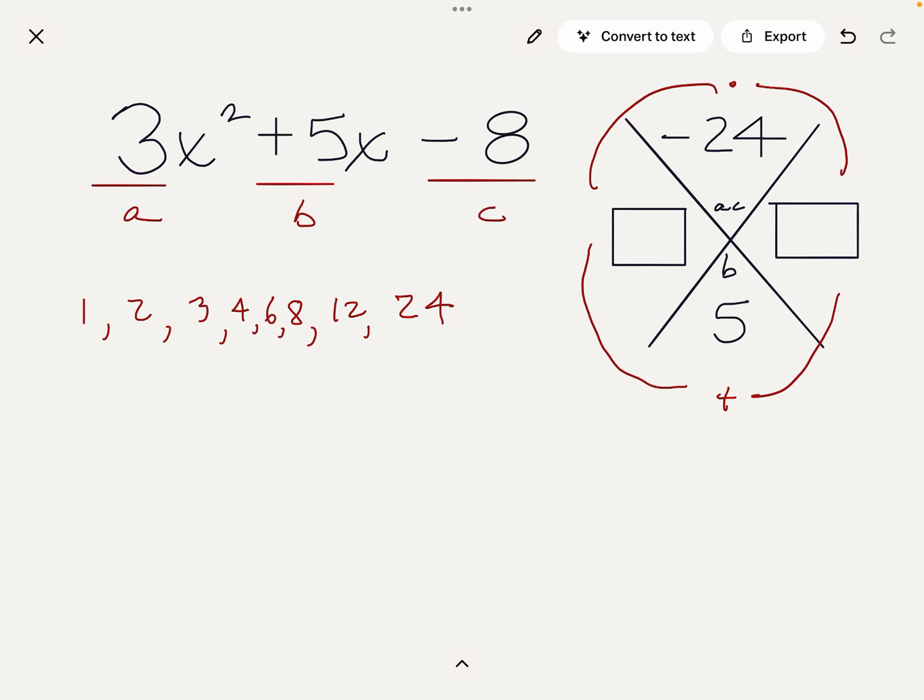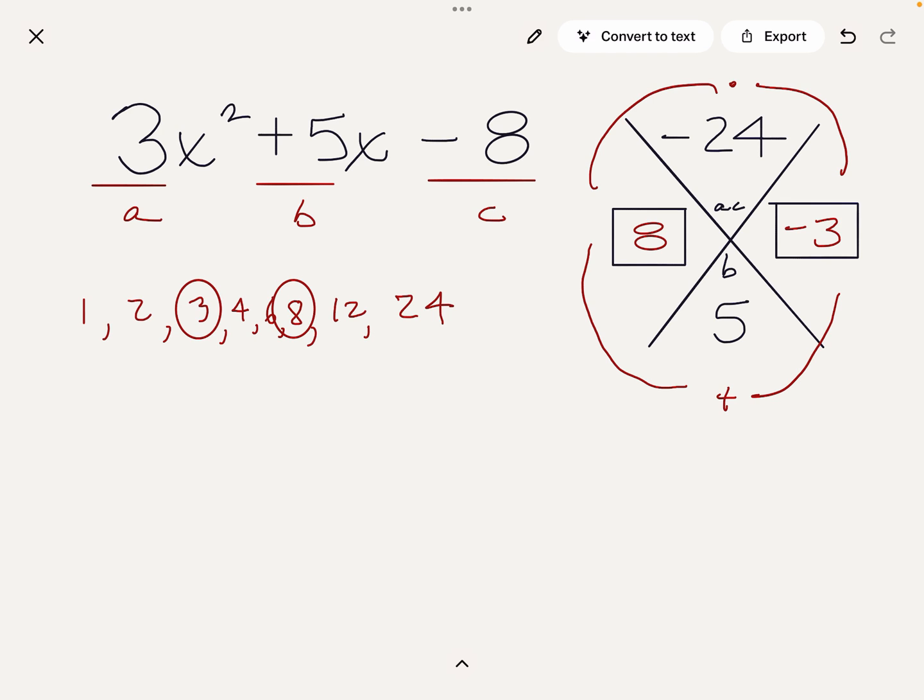So which of those, and because 24 is negative, that means one of these numbers will be negative and the other will be positive. And the difference between them is going to be positive 5. And so we know that the larger of the two numbers will be positive and the smaller will be negative. And the two numbers that fit that criteria are 8 and 3.